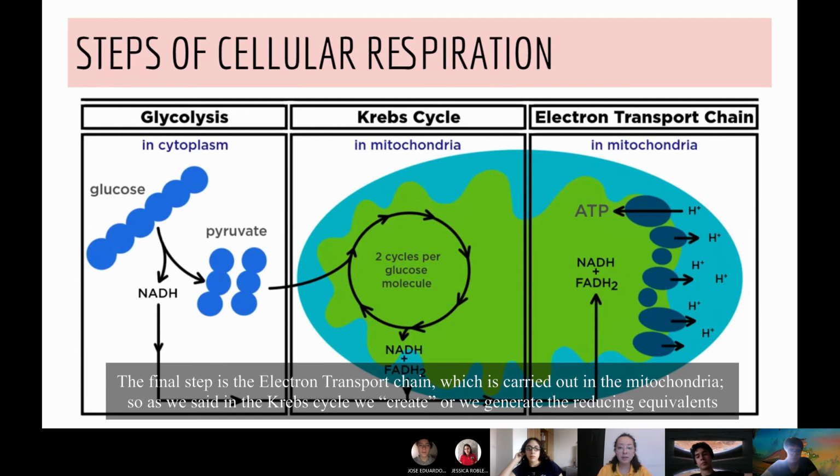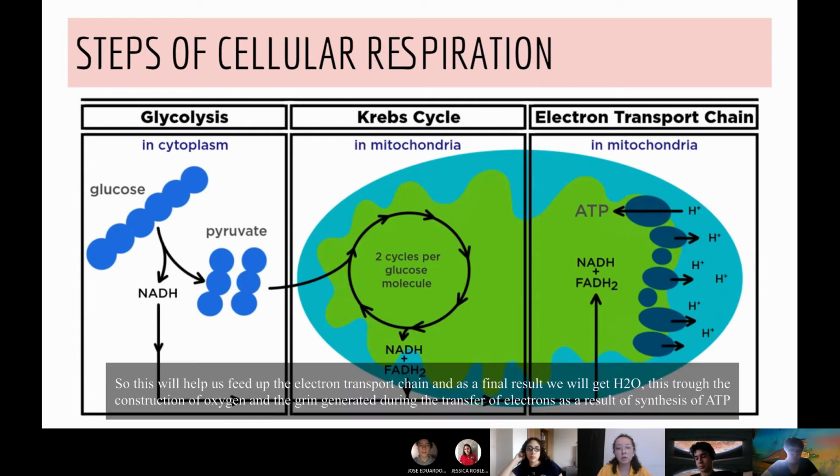The final step is the electron transport chain, which is carried out in the mitochondria. As we said, in the Krebs cycle we generate the reducing equivalents, so this will help us speed up the electron transport chain.